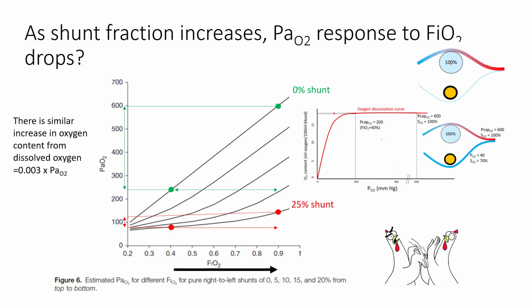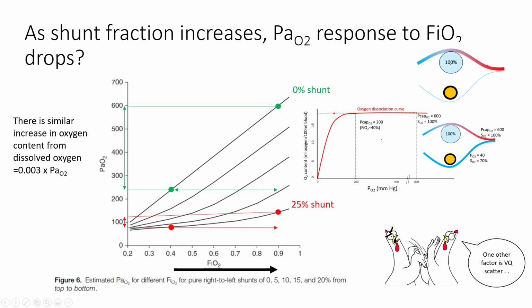If you remember this diagram, your P capillary O2 at 40% in either of the cases is already pretty high, and you are on the flat portion of the oxyhemoglobin dissociation curve. And you can see there's a very slight increase once you go from P cap of 200 to P capillary of 600 when you give 100% oxygen. And this is all because of increase in dissolved oxygen, which comes from the formula 0.003 times arterial PO2.